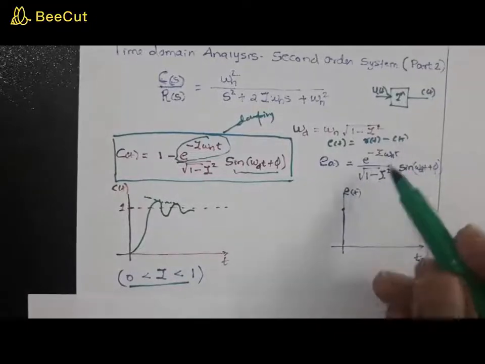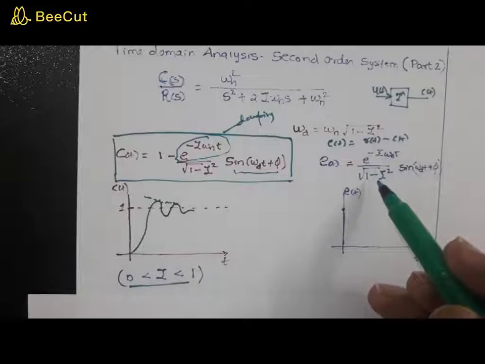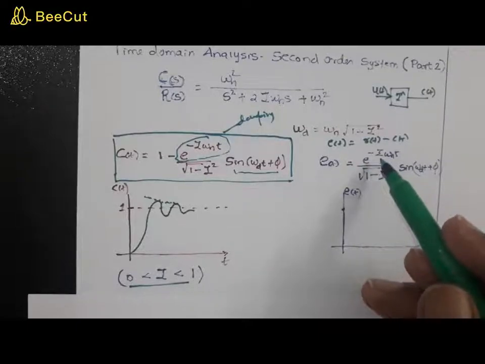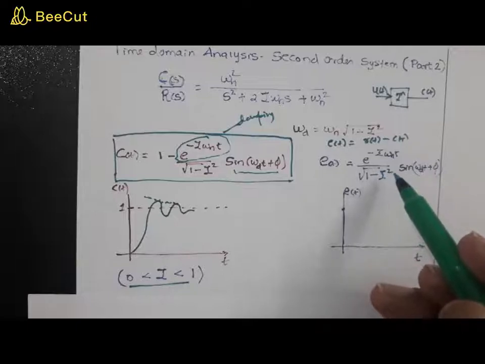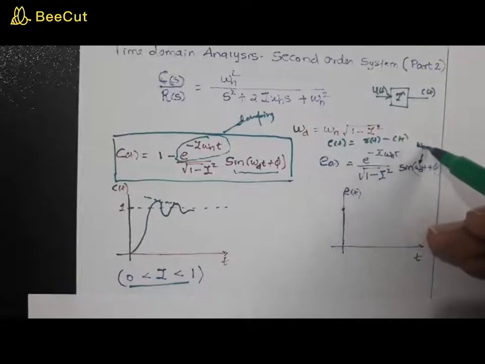Now at t equal to 0, what happens? Here omega d can be written as omega n into root of 1 minus zeta square.